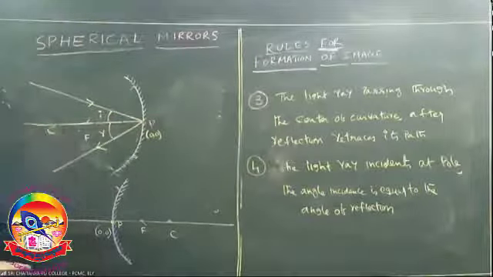Normal is any straight line joined from the center of curvature to any point on the mirror. I will imagine that the reflection takes place at point A. The light ray is going to be incident at point A. Join the point A with C by a straight line. This represents the normal.